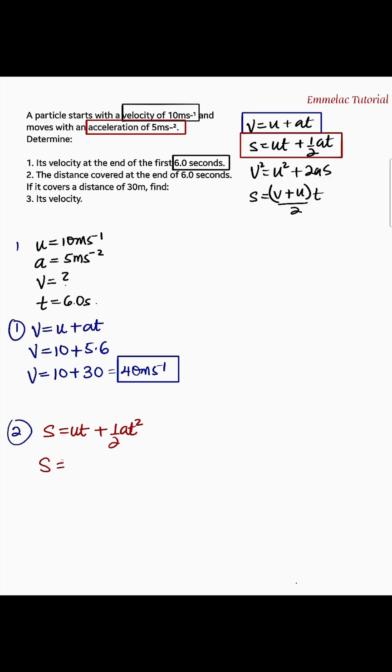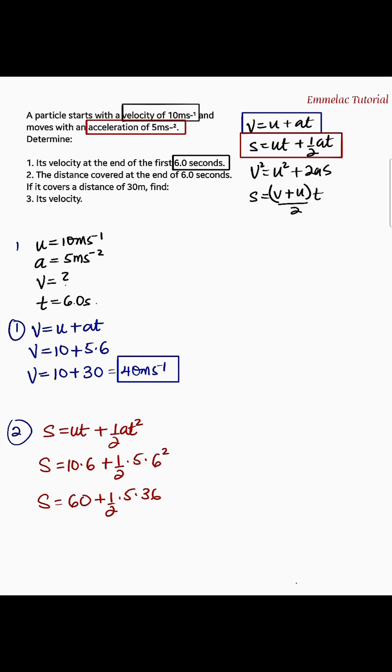So s equals our u, the initial velocity, which is 10, times t, which is 6, plus 1/2 times the acceleration, which is 5, times 6 squared. Here you have s equals 60, because 10 times 6 is 60. Then 1/2 times 5 times 36, because 6 squared is 36.